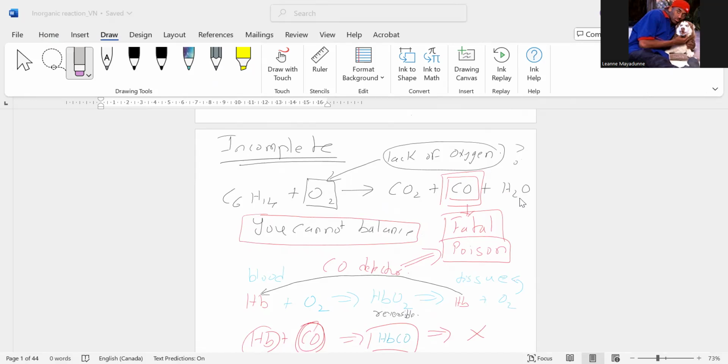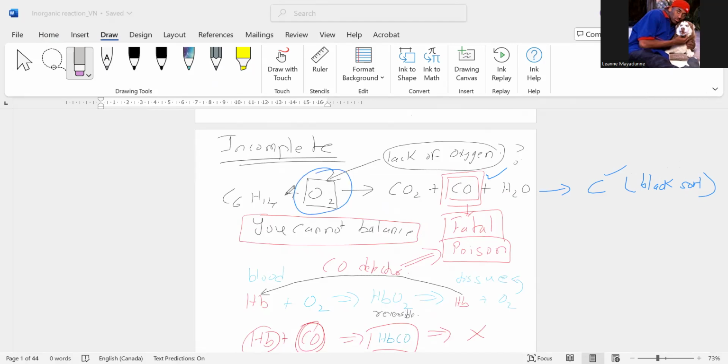Also there are times where we can get carbon, that is black soot. If you have seen an uncontrolled fire, there is production of carbon monoxide and black soot, smoke, right? That is a clear indication that there is a lack of oxygen.